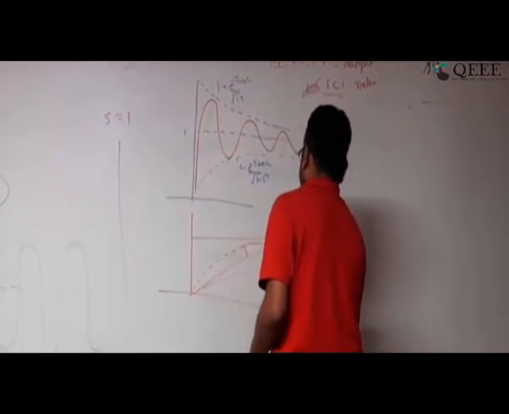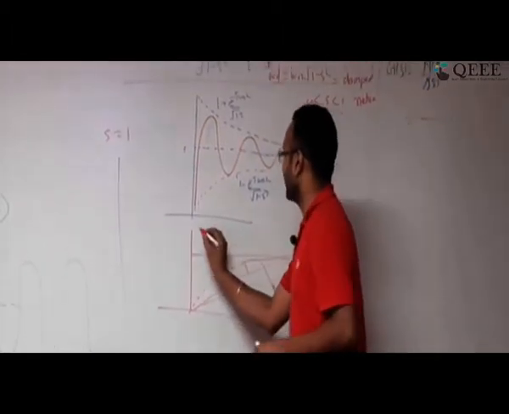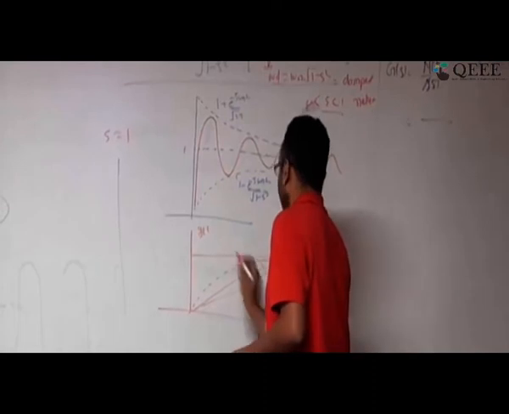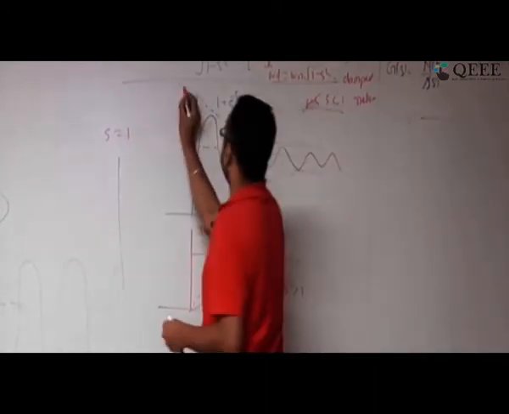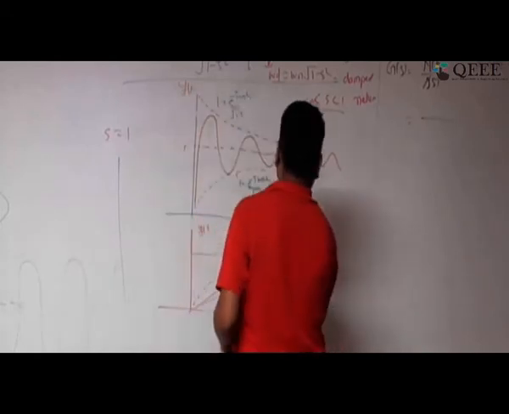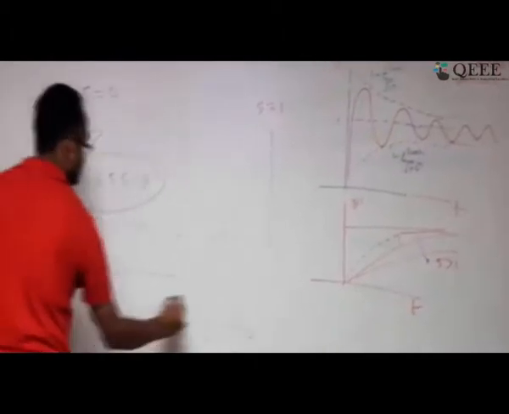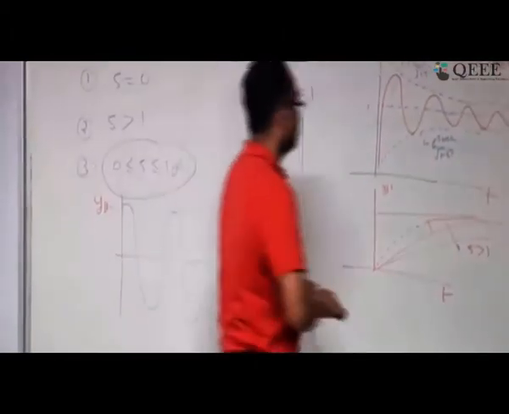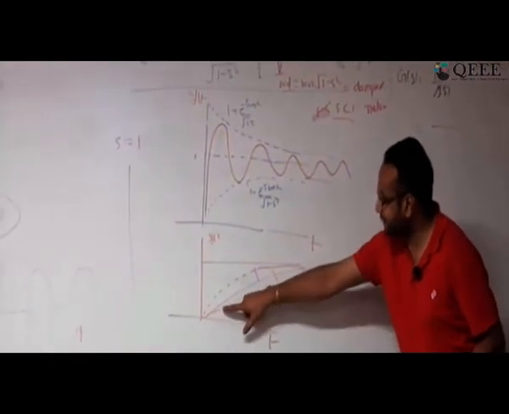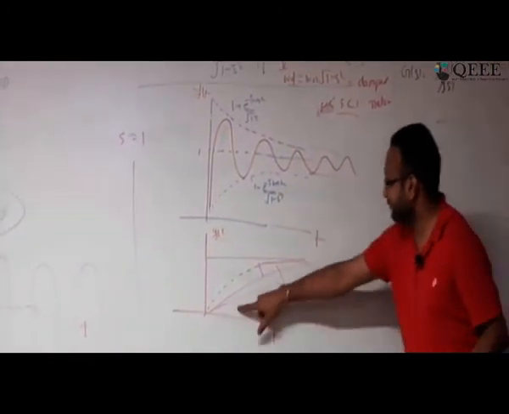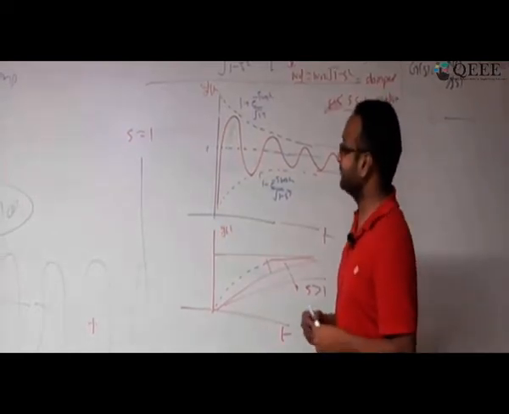I am plotting y(t) versus t, and in this case also I am plotting y(t) versus t. So if you look at it here, when zeta is more than 1, there is no oscillation, and this scenario is called the overdamped scenario.